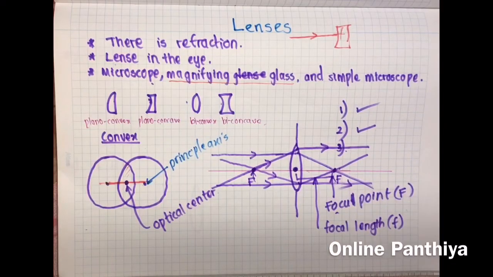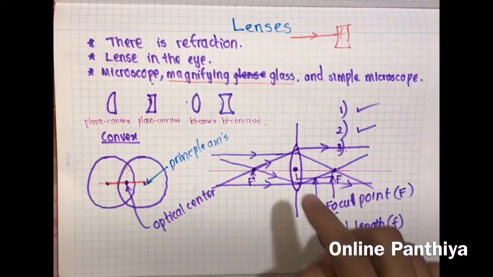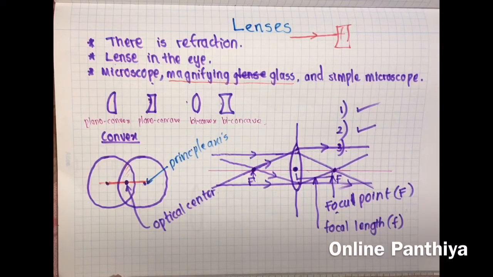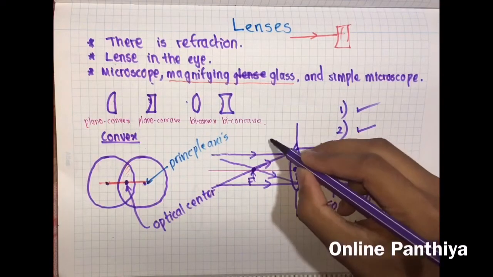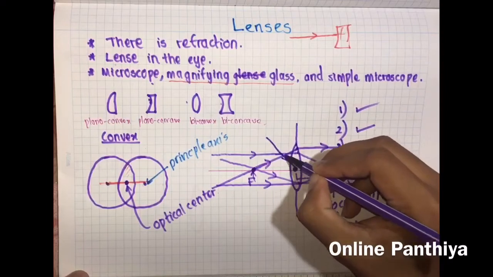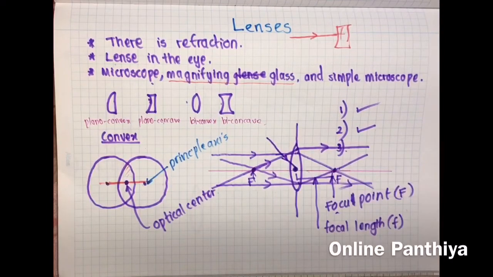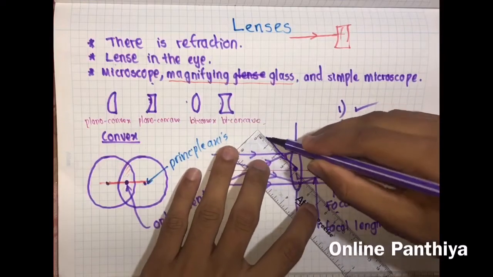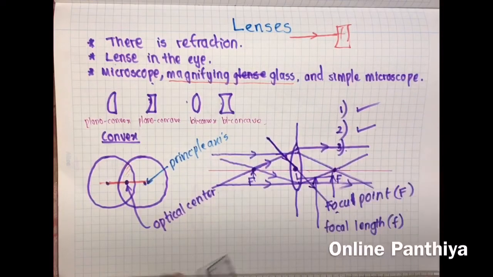The third one is any ray that is going through the optical center, there will be no refraction in it. Take for example a ray coming this way through the optical center. There will be no change in the ray, and it will just go through the same point.